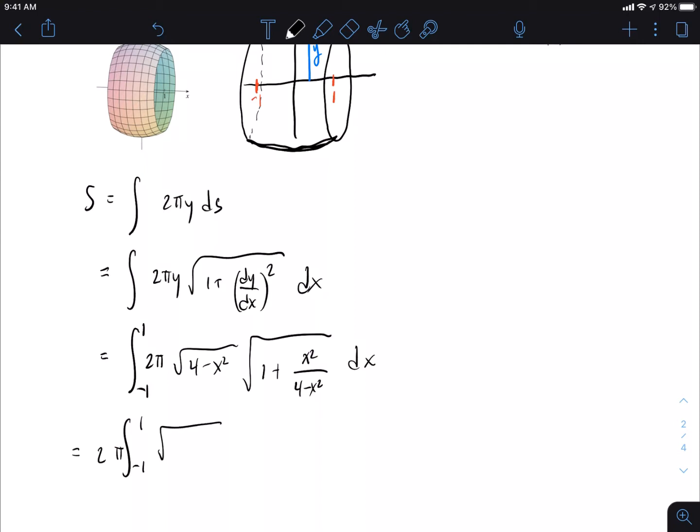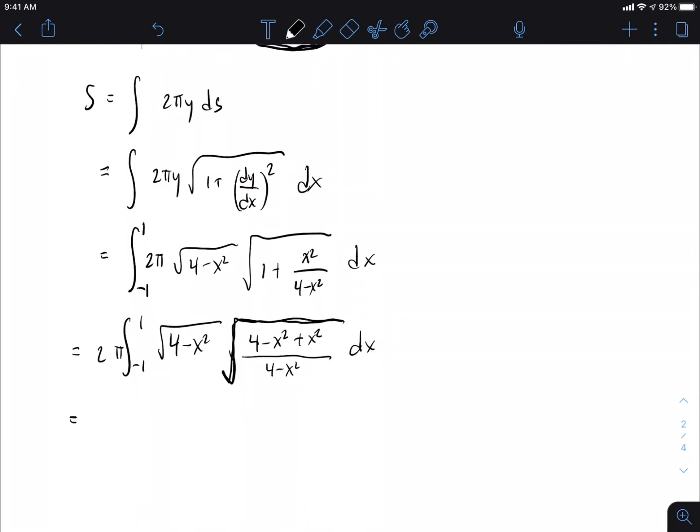I'm going to get root of 4 minus x squared, root of 4 minus x squared plus x squared over 4 minus x squared, and this should all be rooted, dx, which is going to give me 2 pi integral from -1 to 1 of root of 4 minus x squared, root of 4 over 4 minus x squared dx.